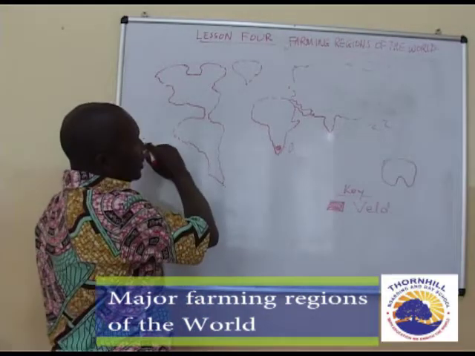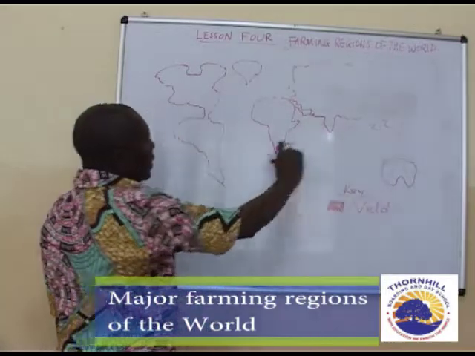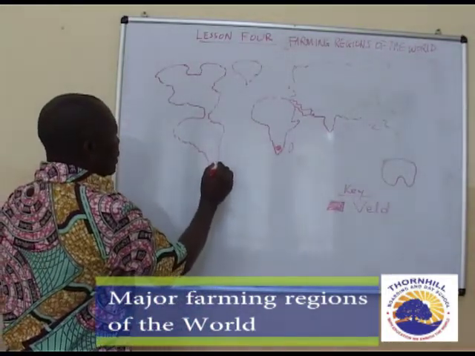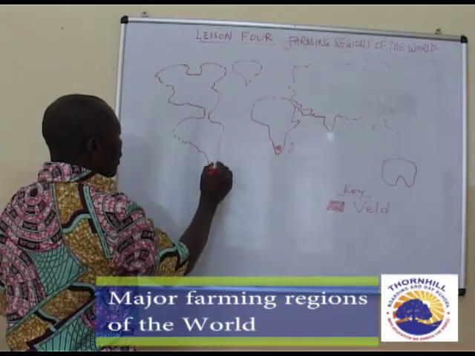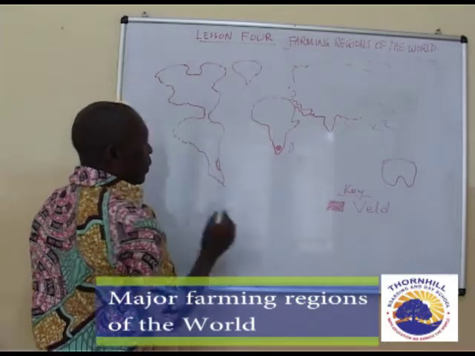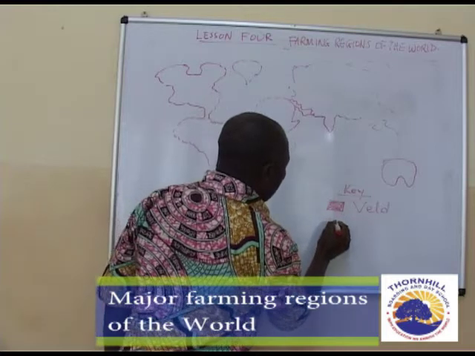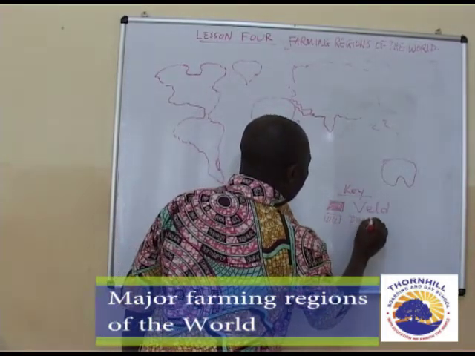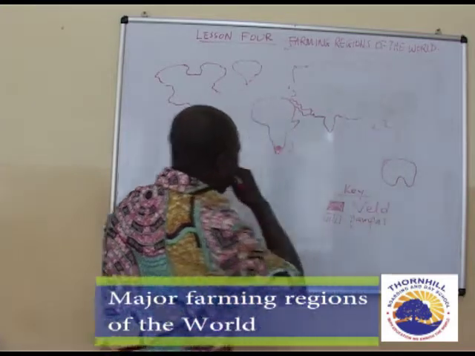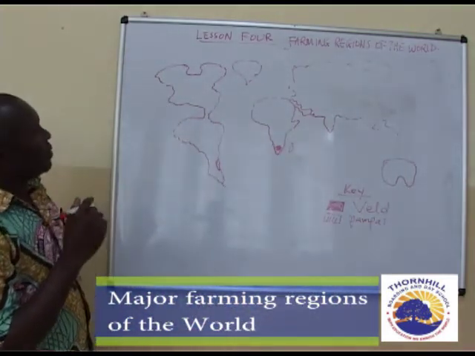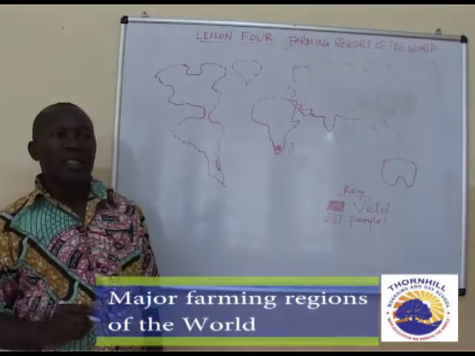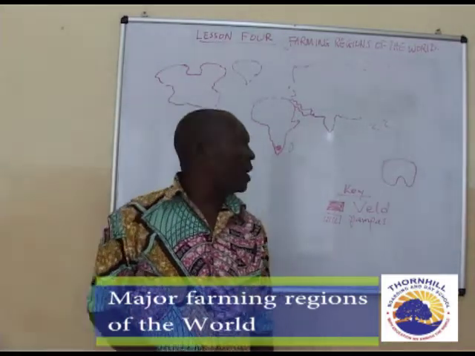On nearest the same latitude, we have the grassland found in South America there. Okay, I'll just put lines there. This is the pampas. The pampas is found in South America, places that is Argentina and Uruguay.